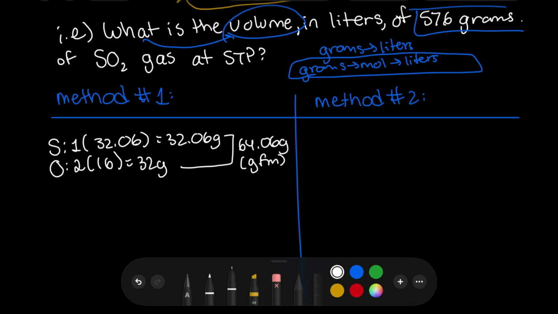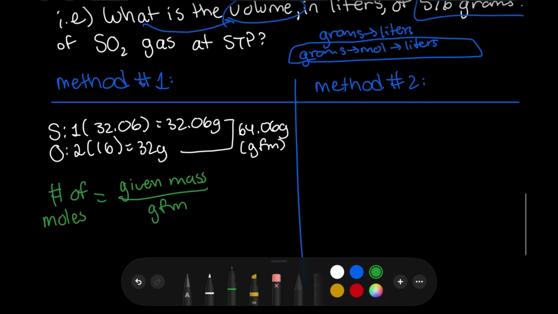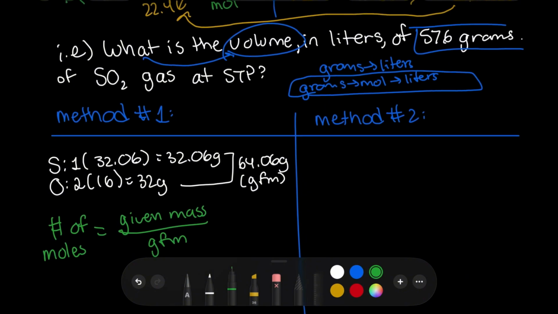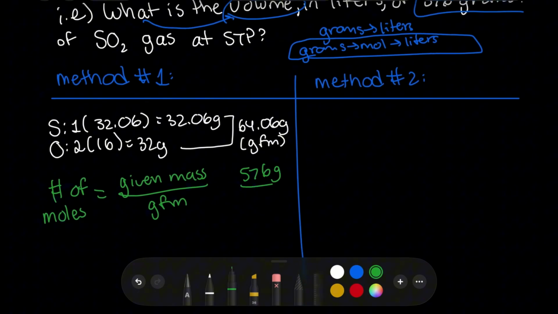Now that we found our GFM, we have to actually convert the grams into moles. So we have to do our conversion, which is the number of moles is equal to the given mass over the GFM. So our given mass here was 576 grams, and our GFM was 64.06 grams.